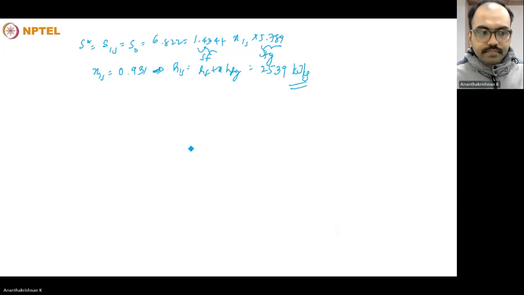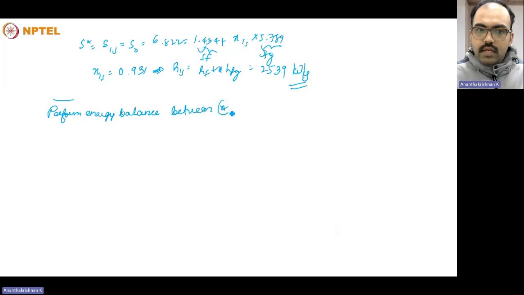Then we have to perform an energy balance between star and 1 to get V1 squared divided by 2 plus h1 is equal to V star squared by 2 plus h star.